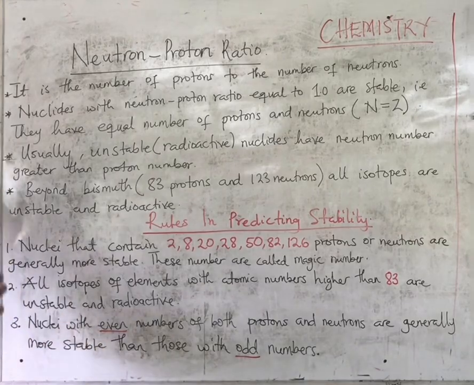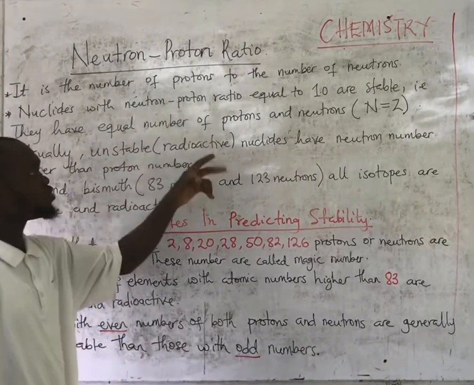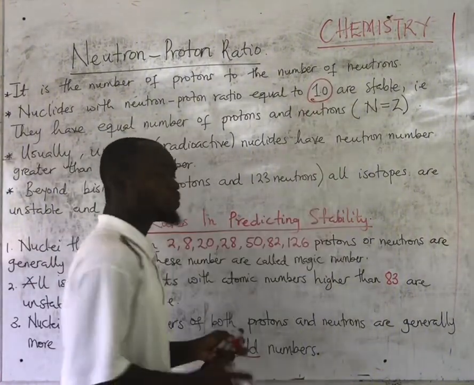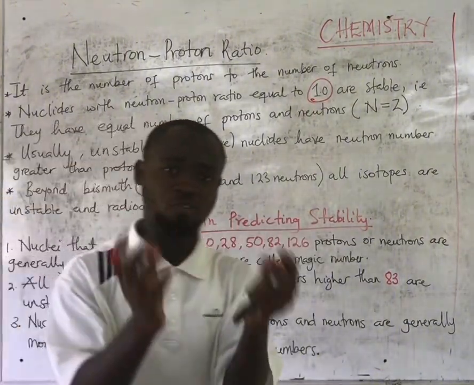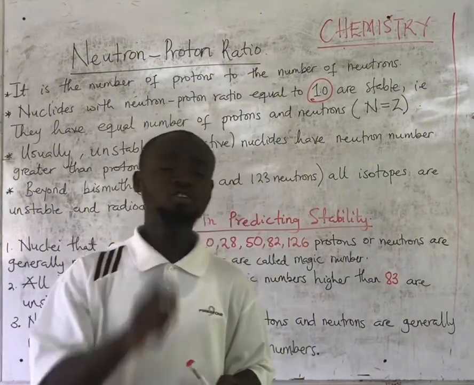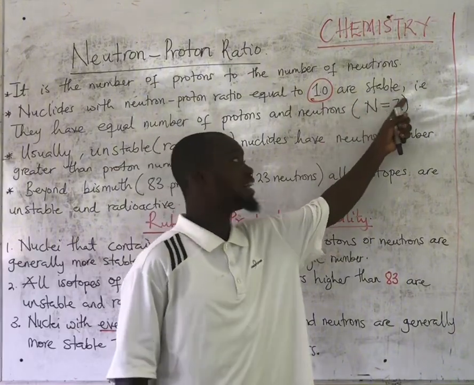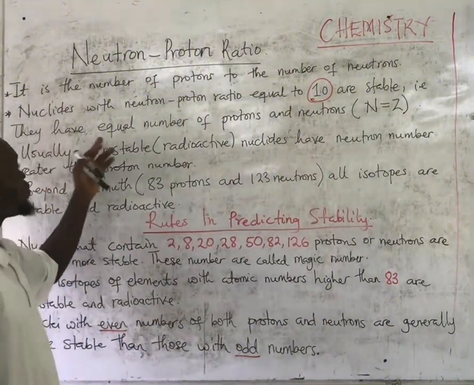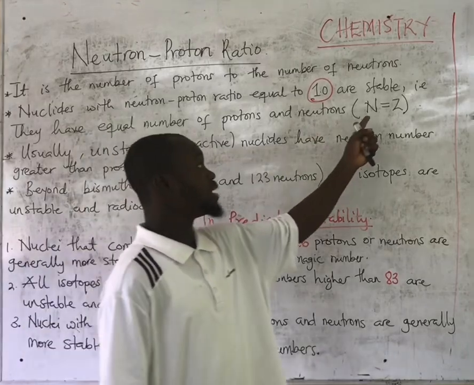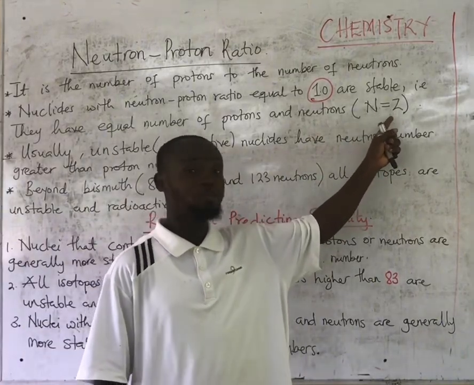Nuclides with a neutron-proton ratio equal to 1 are stable. That is, they have an equal number of protons and neutrons. Or we can say that the number of neutrons is equal to the number of protons. That is, capital N is equal to capital Z.